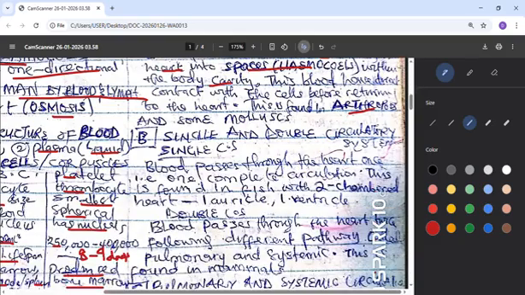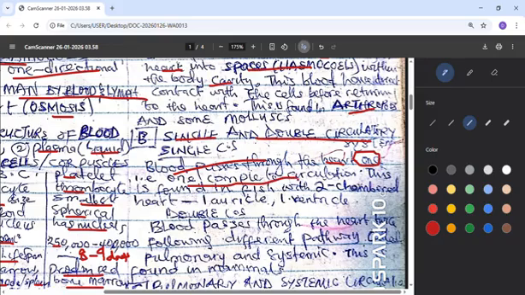Now we want to look at single and double circulatory system. So what's the meaning of single? Single circulatory system is when blood passes through the heart once, just once. So that is one complete circulation.